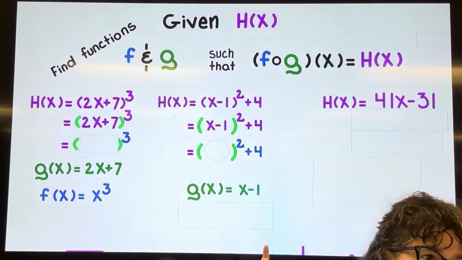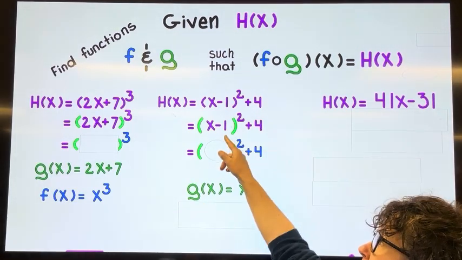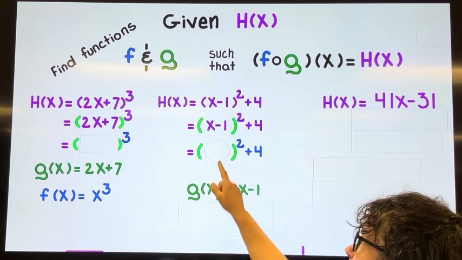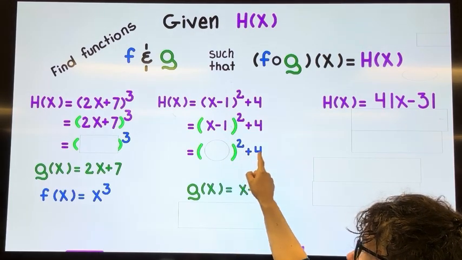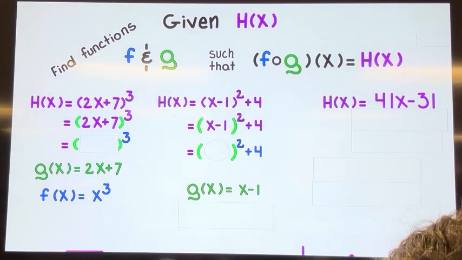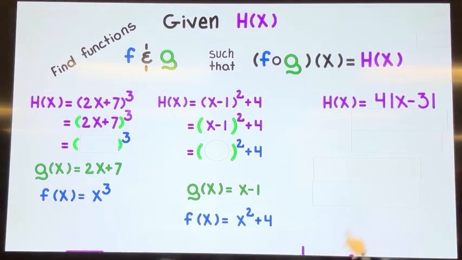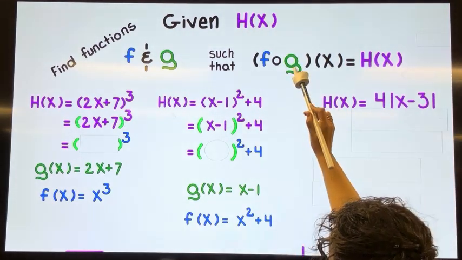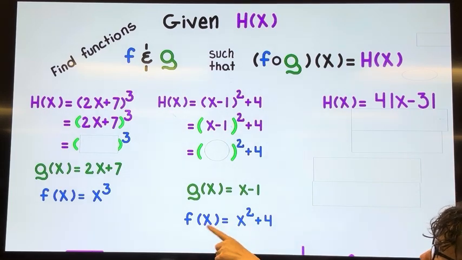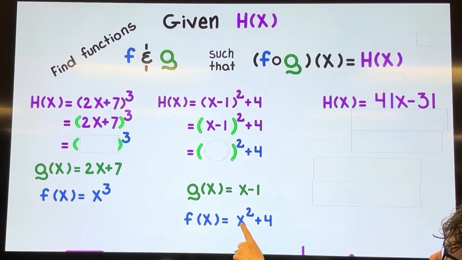Everything else is what the function was before we inserted x minus 1. So this is going to be x squared plus 4. Okay, now let's go backwards. If I wanted to find f composition g, we would start with the f function, and every place we see an x, we would replace it with the g function. So we would replace that x with x minus 1, and we'd be right back to the original.